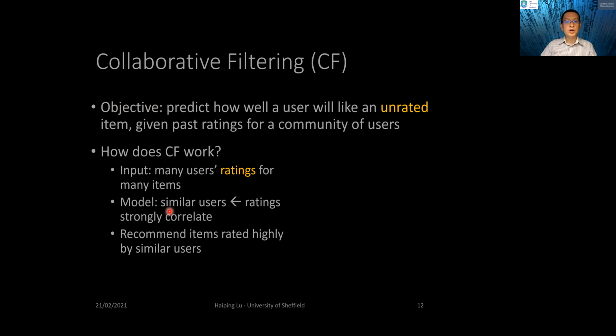Those users whose ratings are strongly correlated with each other will be considered similar users. And then based on this model, we can recommend items rated highly by similar users to a particular user.